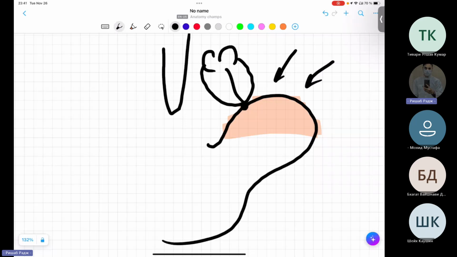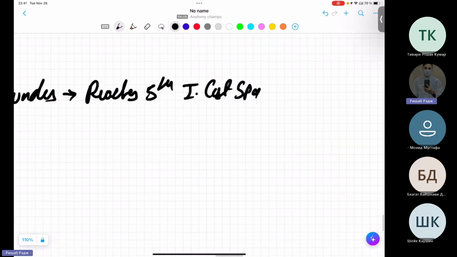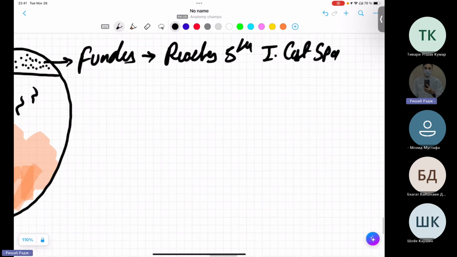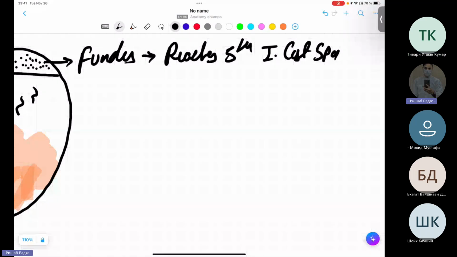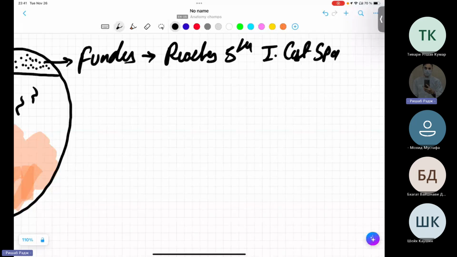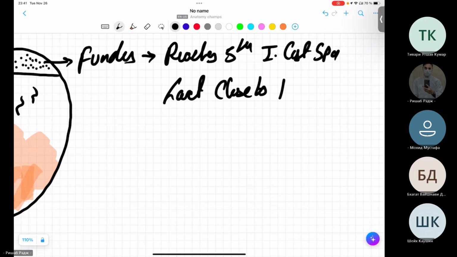If you have pain in your stomach and it is present close to your heart, you will feel like, oh, this is my heart. So as your fundus expands, it can compress your diaphragm, go above and reach the fifth intercostal space. It is located close to the heart.